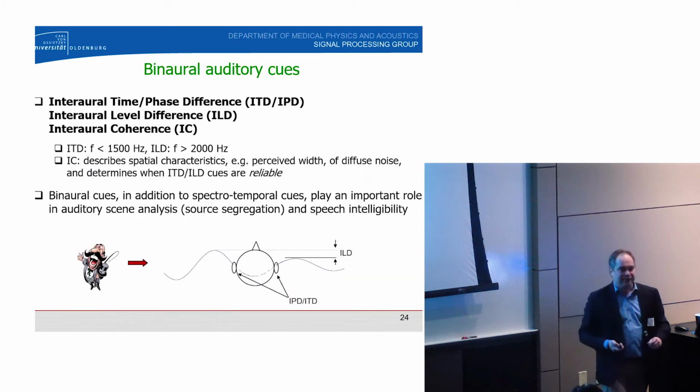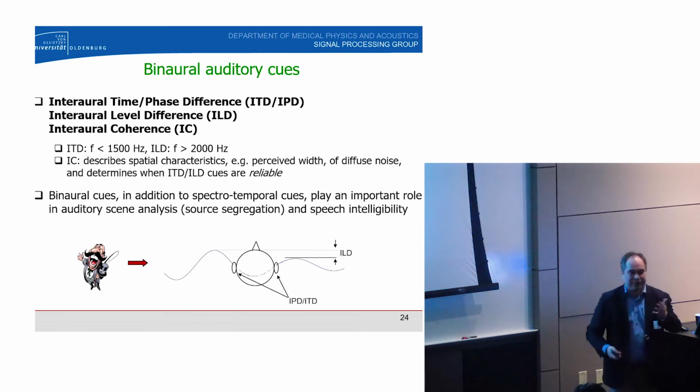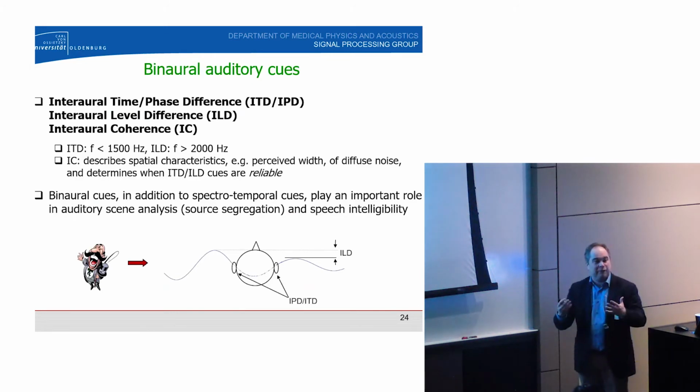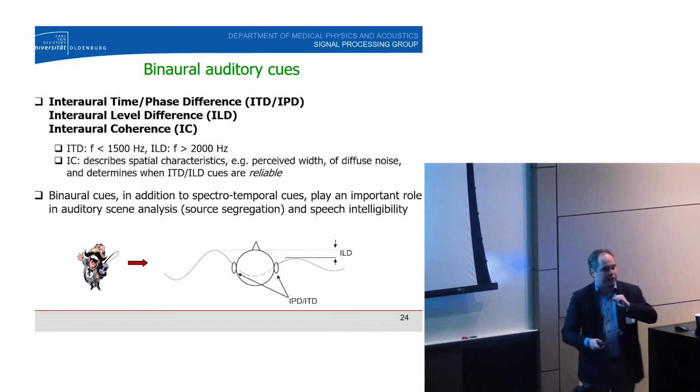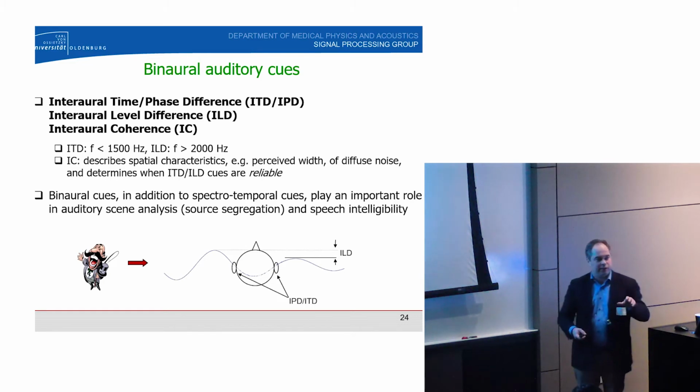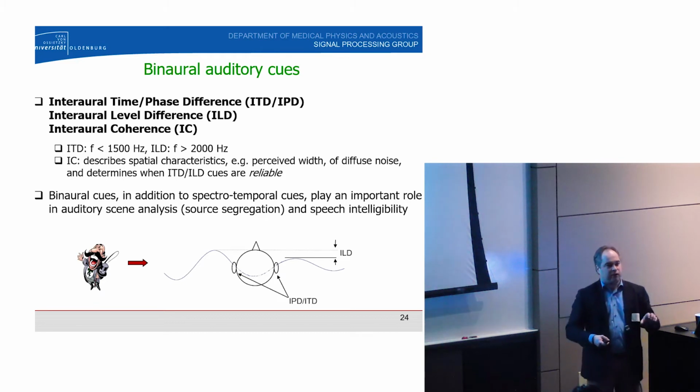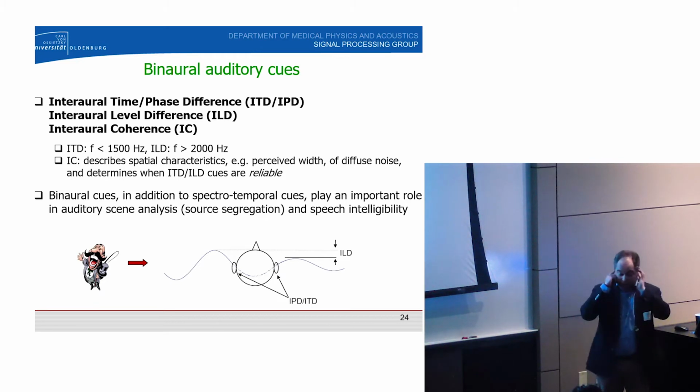The next slide, actually, I don't need, because the previous speaker also introduced a little bit what these main binaural auditory cues are. First of all, ITD, because of the time difference, and ILD, so interaural level difference, because of the head shadow effect. But I just want to add one more to it, which is especially important in reverberant and multi-speaker environments, and that's called interaural coherence. So that's the coherence between the two ears.